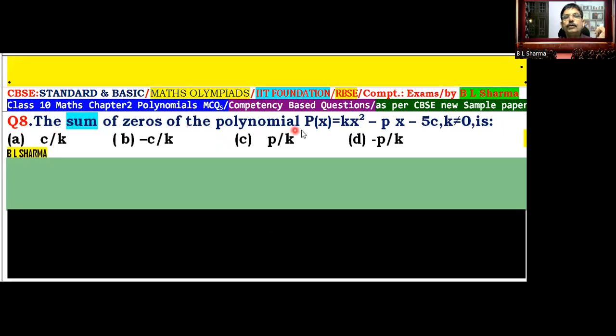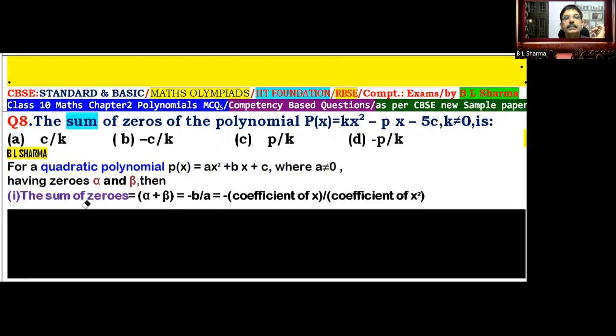The sum of zeros of the quadratic polynomial kx square minus px minus 5c, where k is not equal to 0, will be. We know that the sum of zeros of a quadratic polynomial is given by negative of the coefficient of x upon the coefficient of x square. So negative as it is, the coefficient of x is negative p, and the coefficient of x square is k.